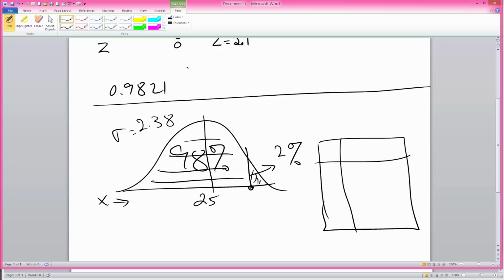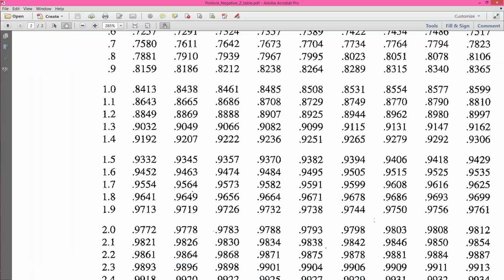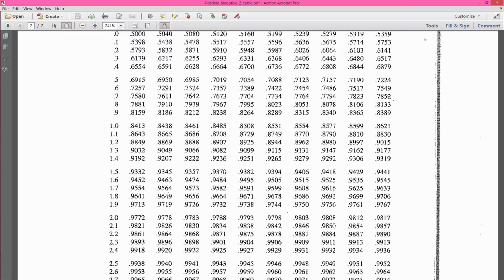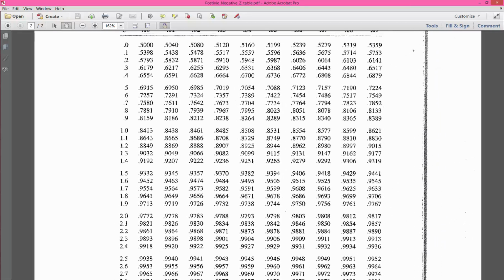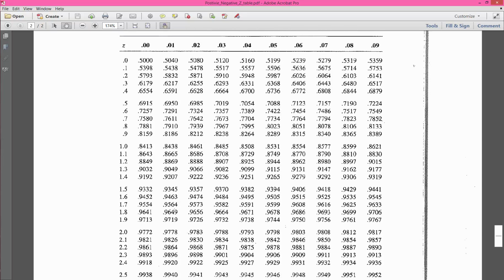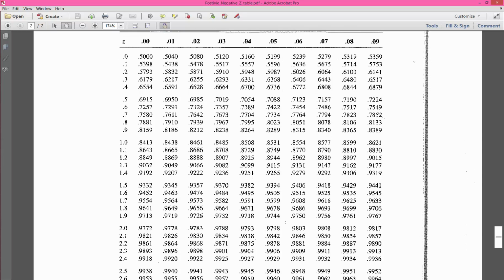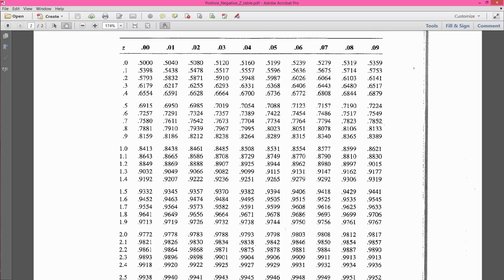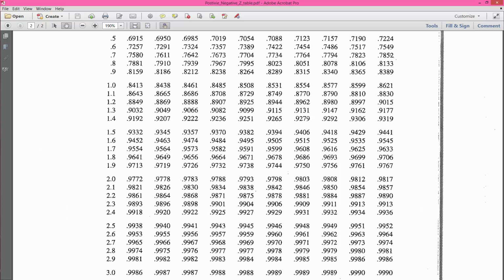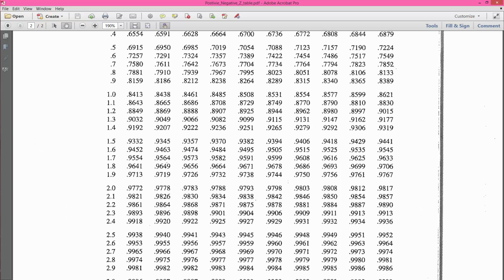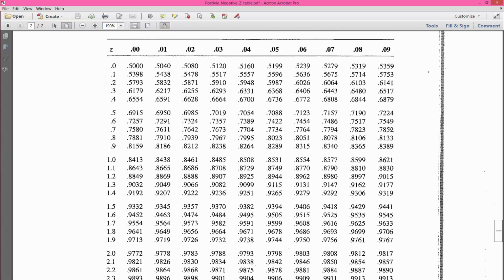So in here, I would scroll to where I see a 0.98, and that would be right about over here. Let me adjust this so you can see it on your screen. So 0.98 is this entry right here, 0.9803, and that would be the z-value of 2.06.